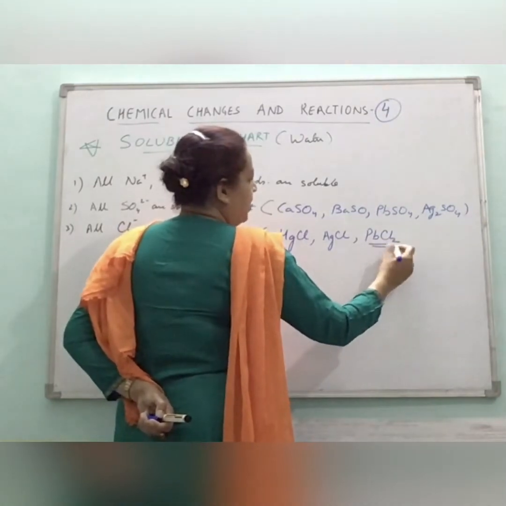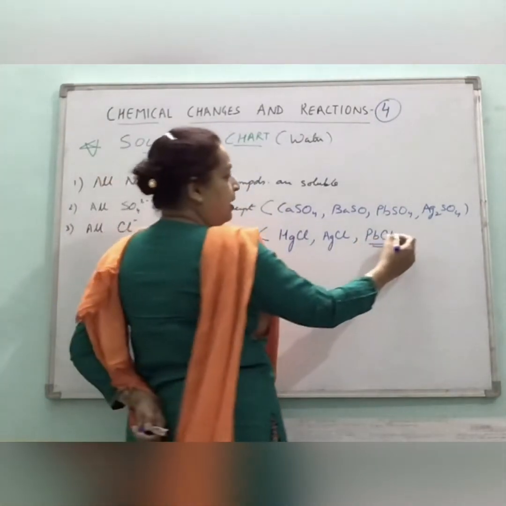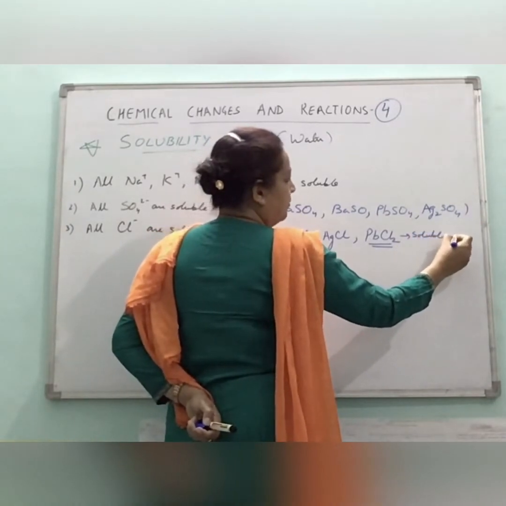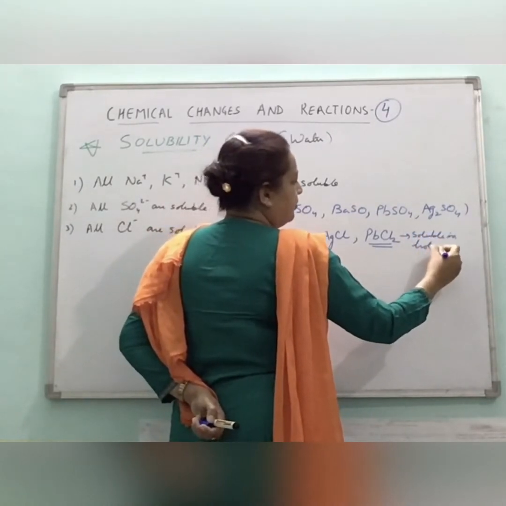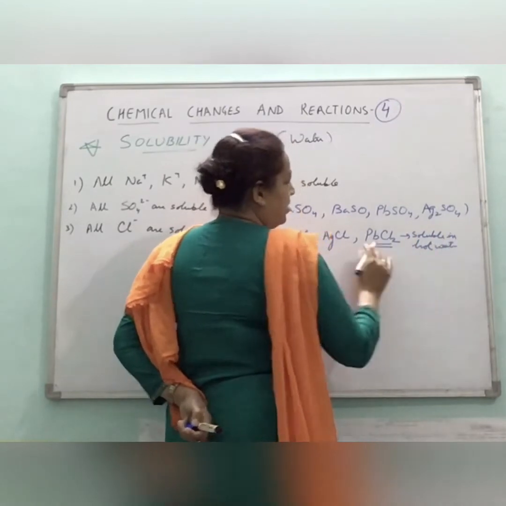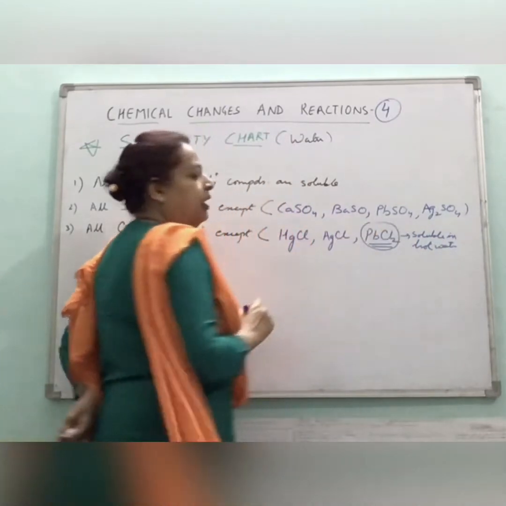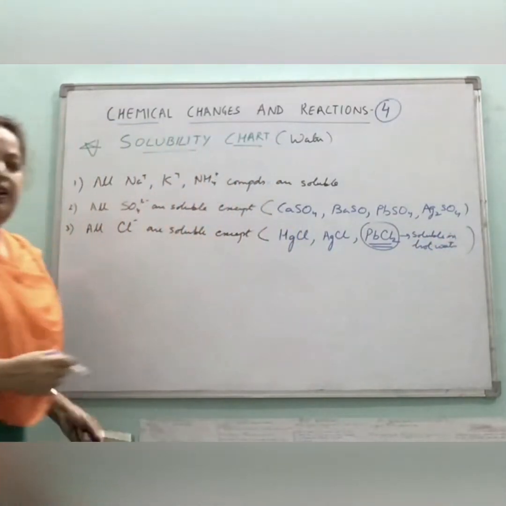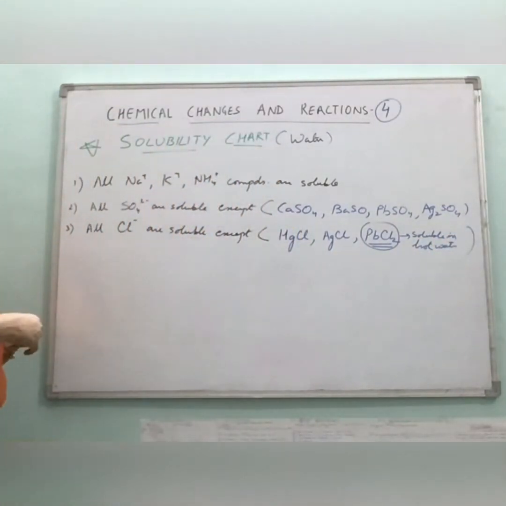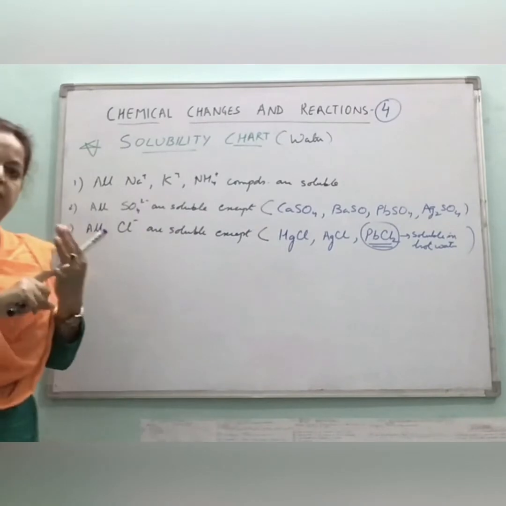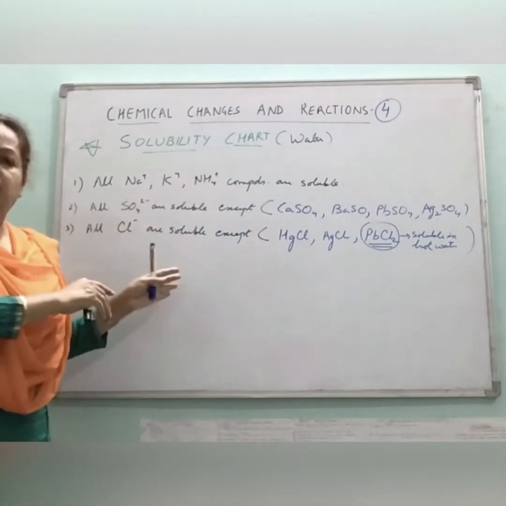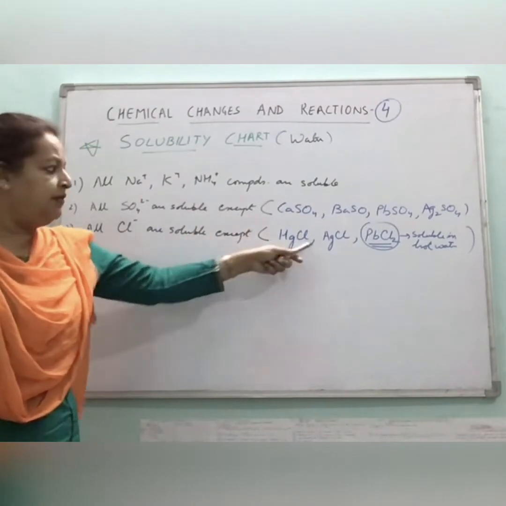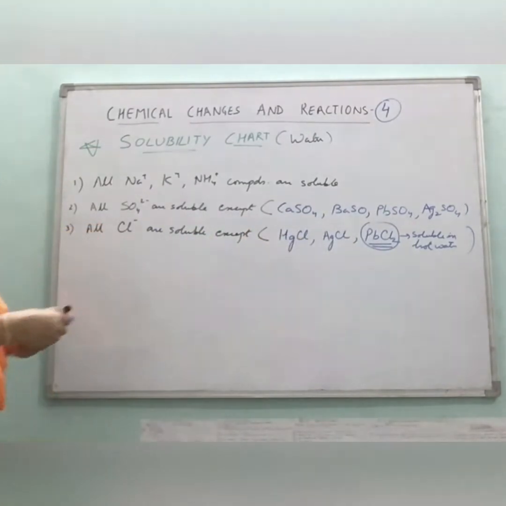For PbCl2 only, it is soluble in hot water. Otherwise, all these are insoluble. And the rest of the chlorides, sodium chloride, potassium chloride, ammonium chloride, zinc chloride, calcium chloride, magnesium chloride, are all soluble except these ones.